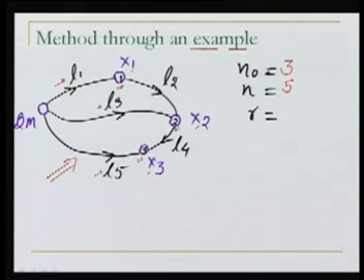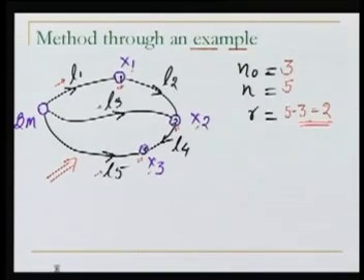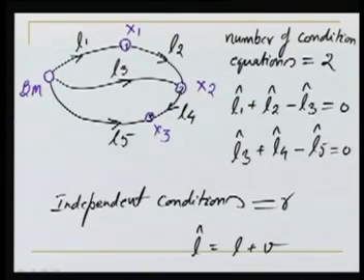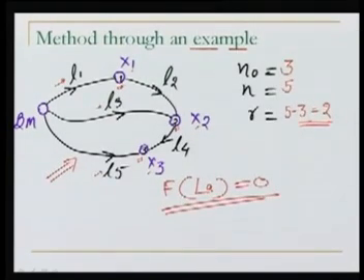The redundancy in this case is 5 minus 3, which is 2. With a redundancy of 2, we need to write 2 equations. What will these 2 equations be? As we know, the equations should be of the form F(LA) equal to 0, the form of the equation in adjusted observations.